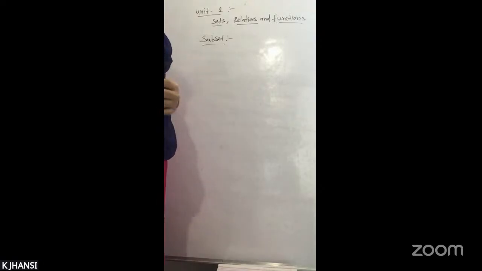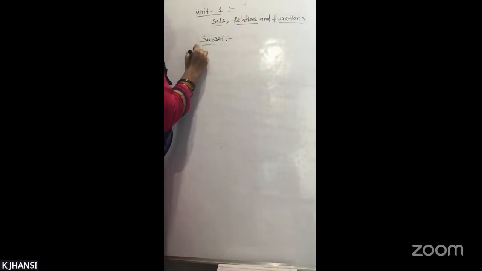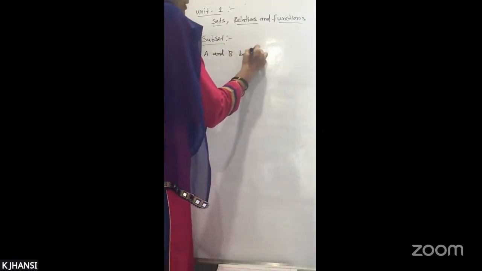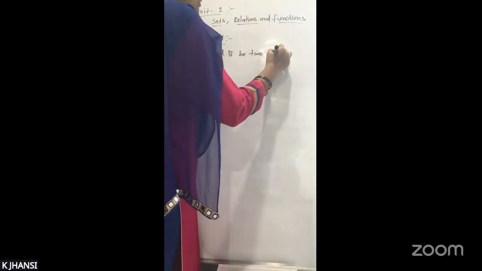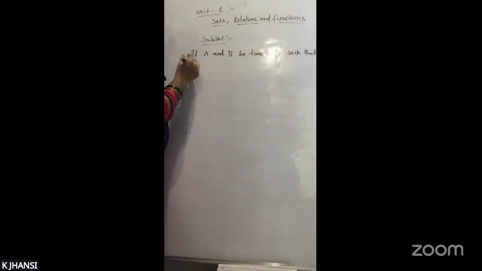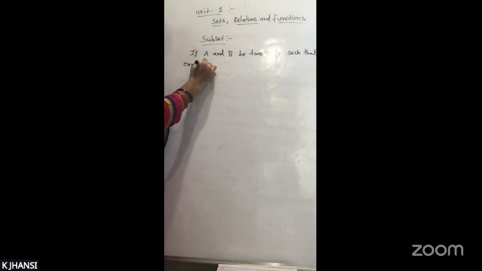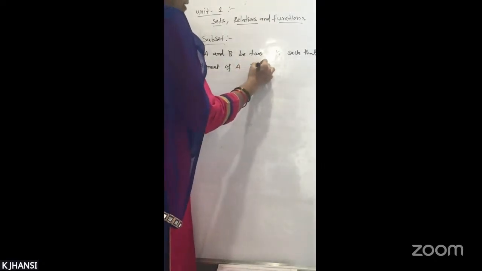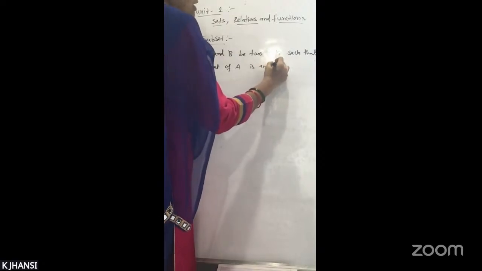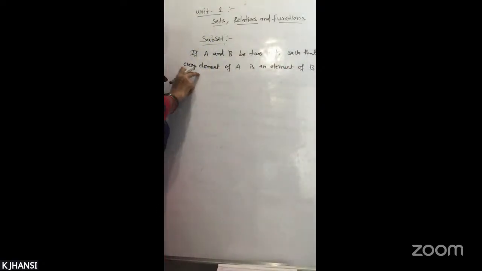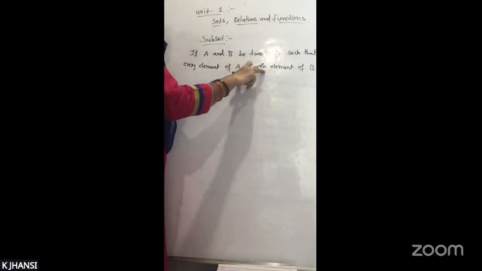Okay. So directly, what is a subset? We don't have the definition. So we can tell that if A and B be two sets such that every element, see here, every element of A is an element of B. Okay, this is the main important point here.